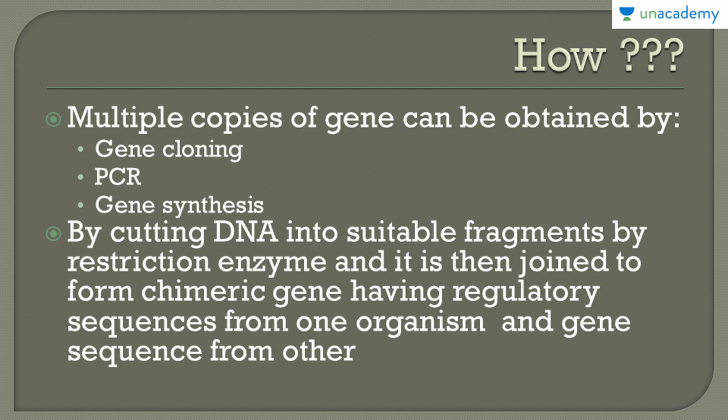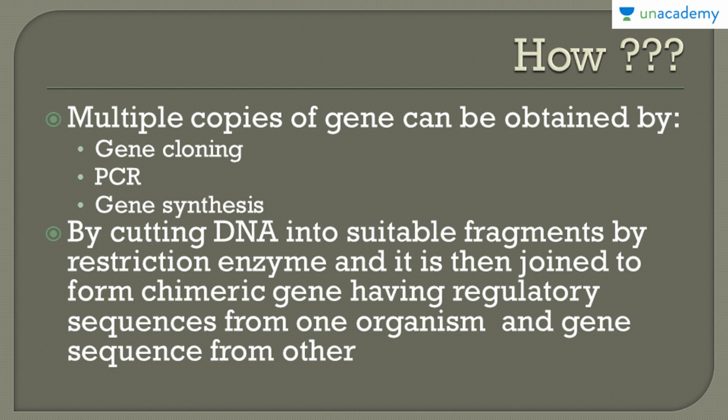Now, how is all this done? By cutting the DNA into suitable fragments with restriction enzymes, which are then joined to form a chimeric gene having a regulatory sequence from one organism and a gene sequence from another. As I have told earlier, the desired DNA fragment is cut from the source DNA, from the whole genomic DNA, so that we can selectively introduce this fragment into the vector molecule.